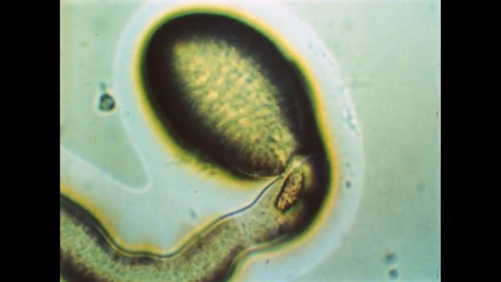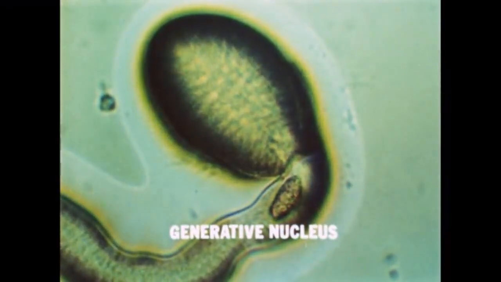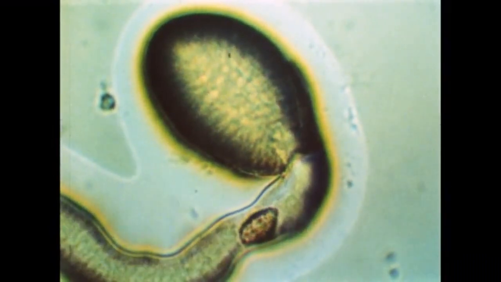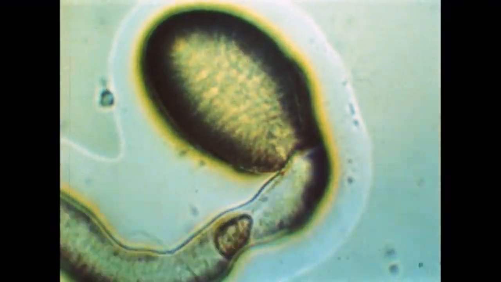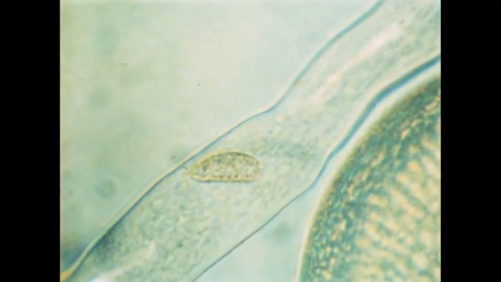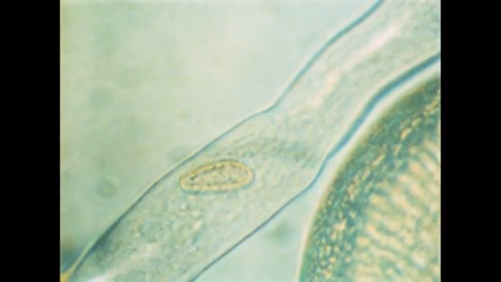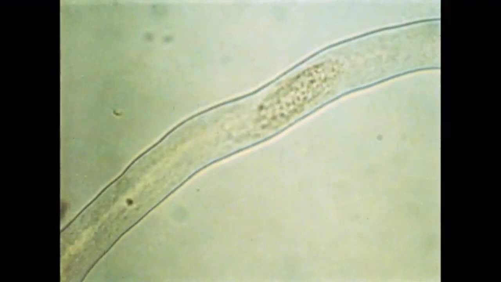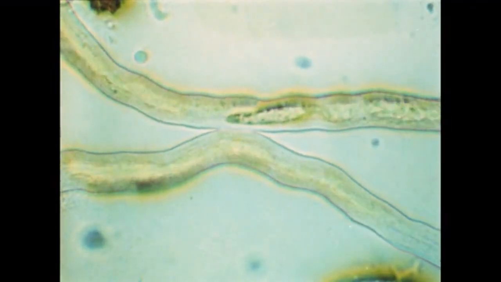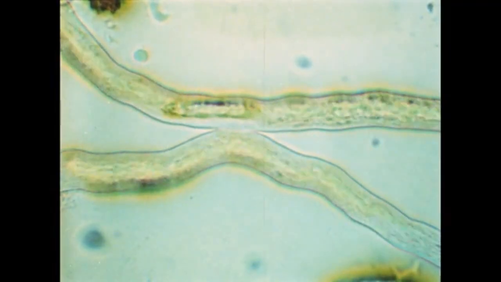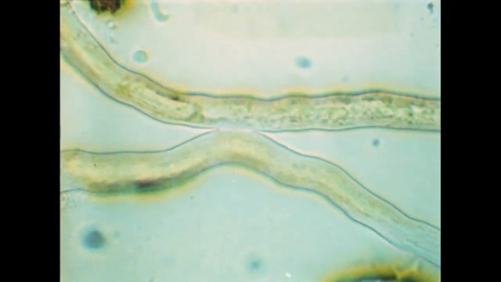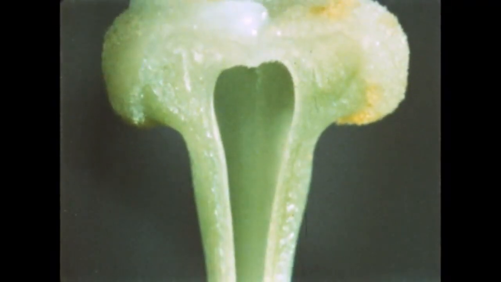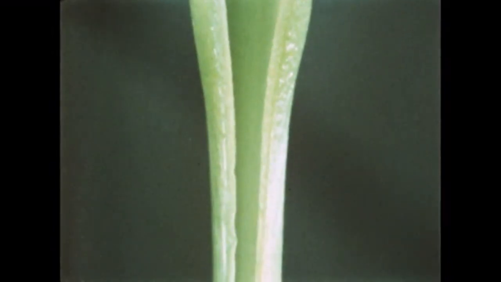After pollination, an object within the pollen grain called the generative nucleus enters the tube and moves along toward the tip. Meanwhile, the pollen tube grows through the stigma and down along the inner wall of the style toward the ovary.